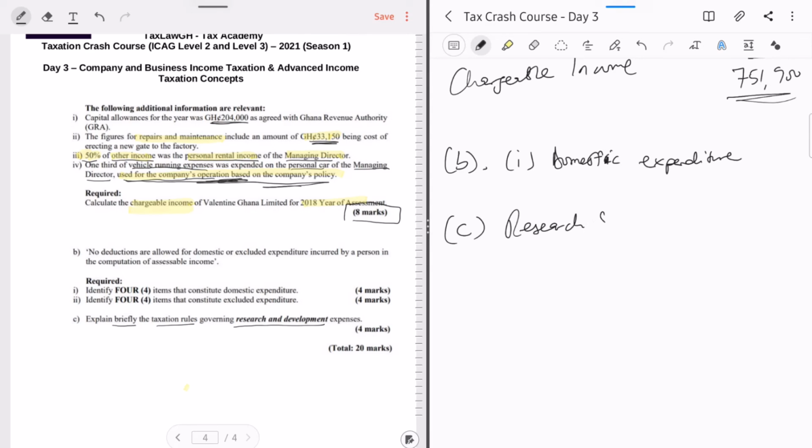research and development expenses. What's the taxation rule? Simple.